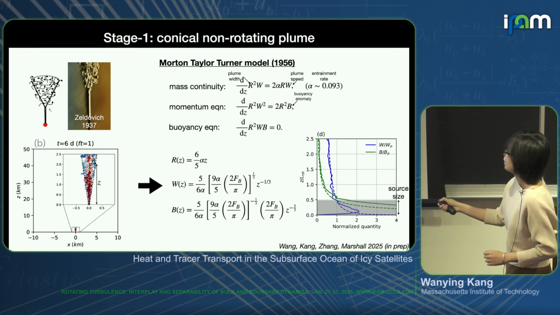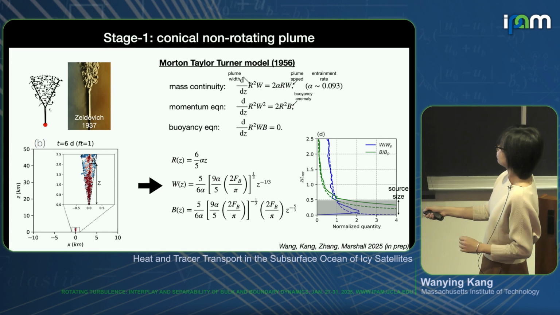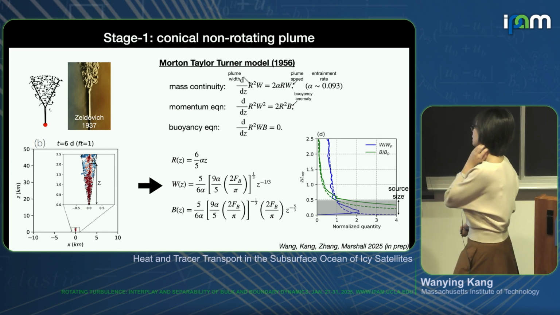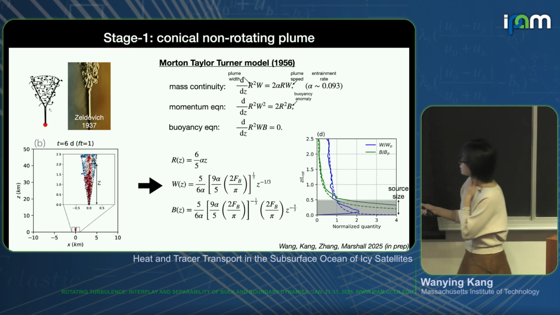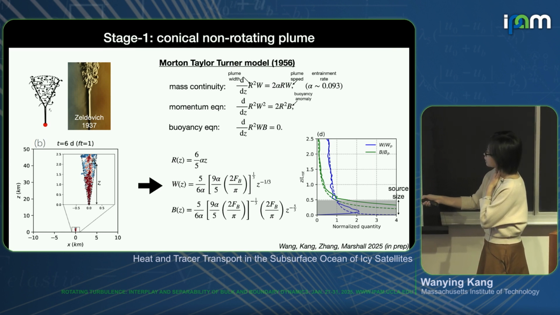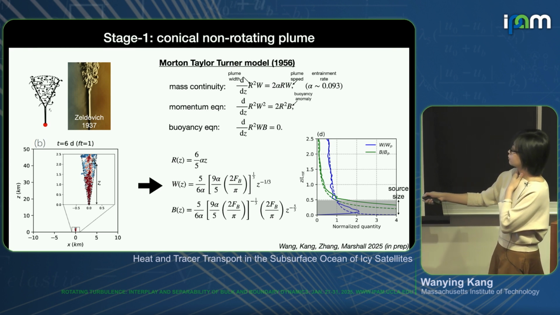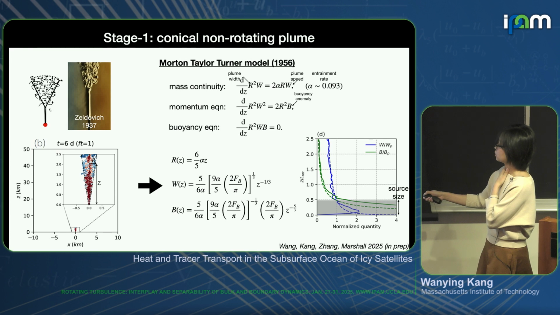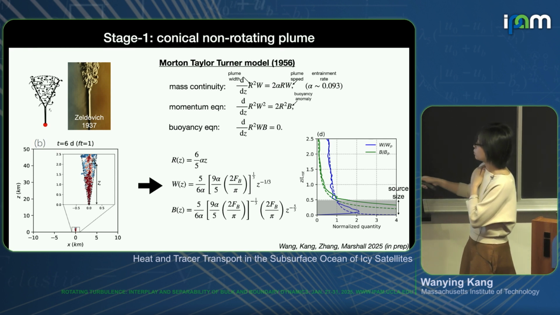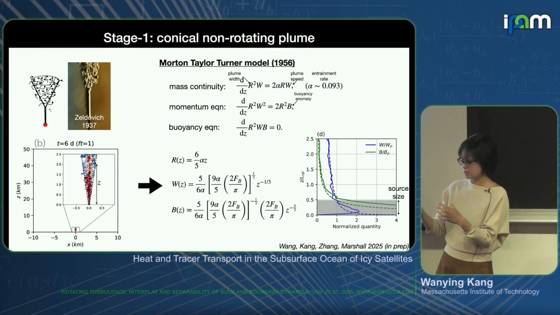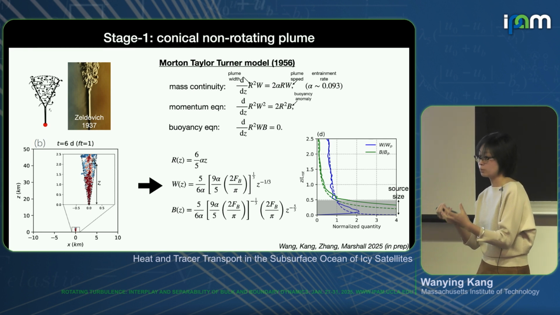Also from this, we can solve for the w profile and b profile. w is the vertical velocity, b is the buoyancy. On the right, the solid curves are from the simulation, and the dashed curves are these solutions. You can see they all match reasonably well, except in this region where we can't really treat the source as a point source. It's not a geometric point.